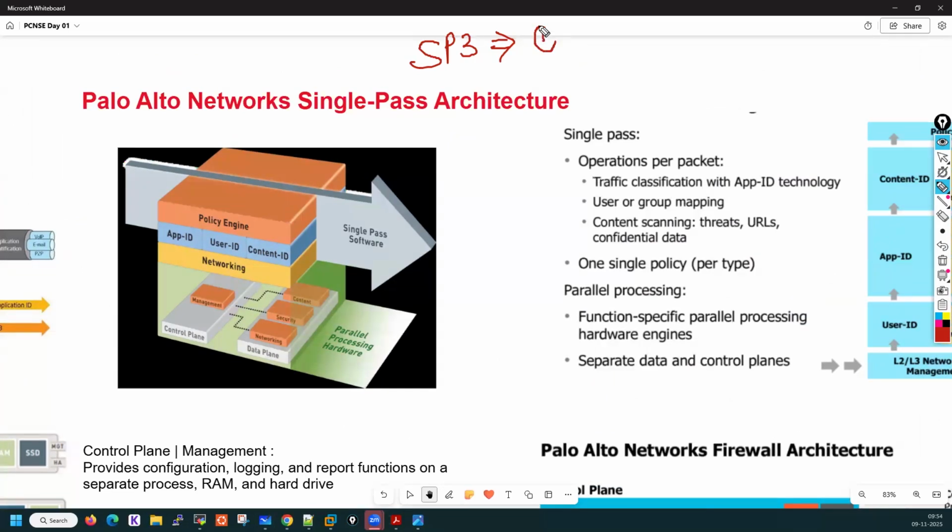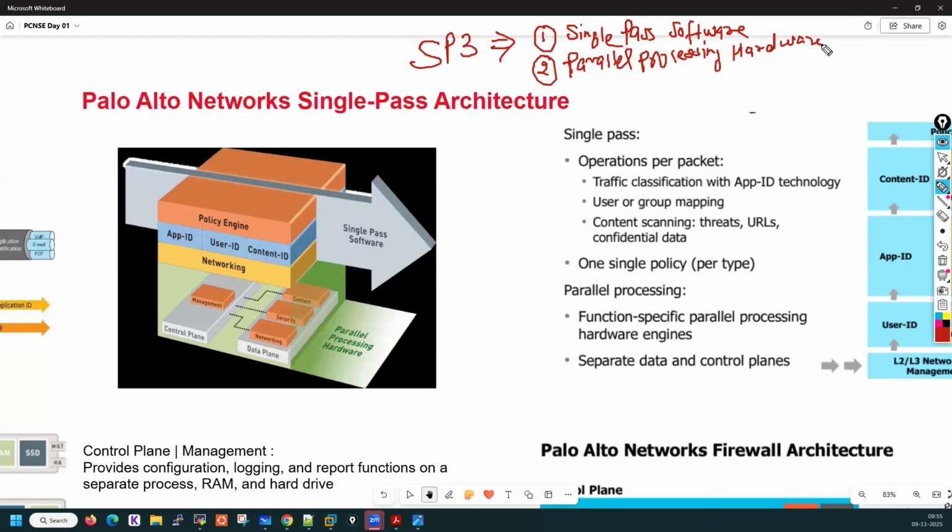First thing is single pass software, and second thing is parallel processing hardware. So what is the full form of SP3? SP3 stands for single pass software and parallel processing hardware.